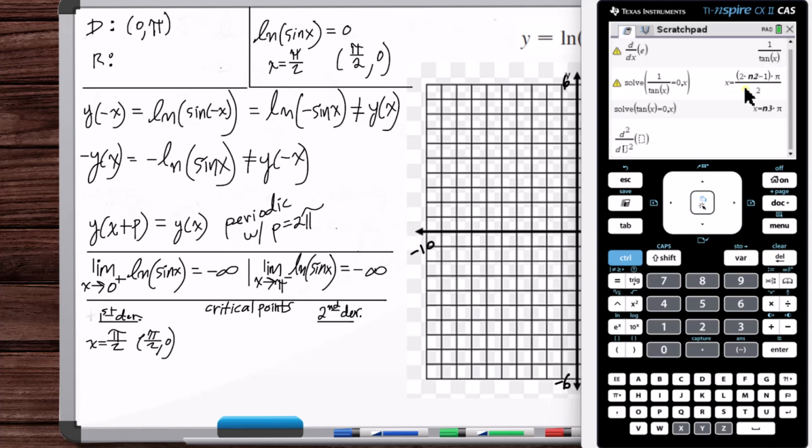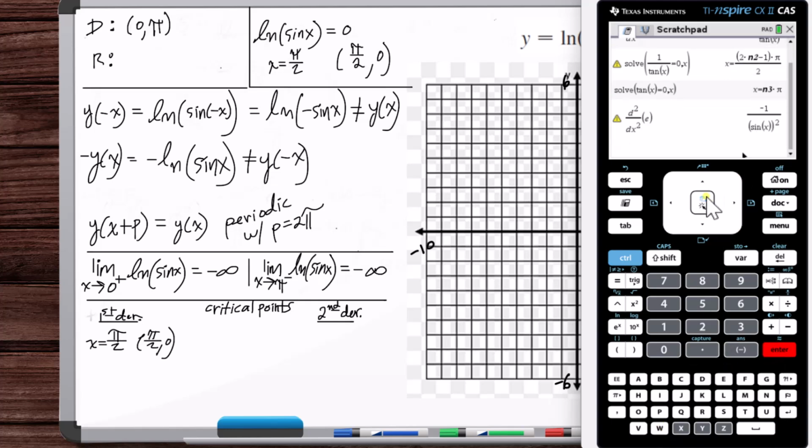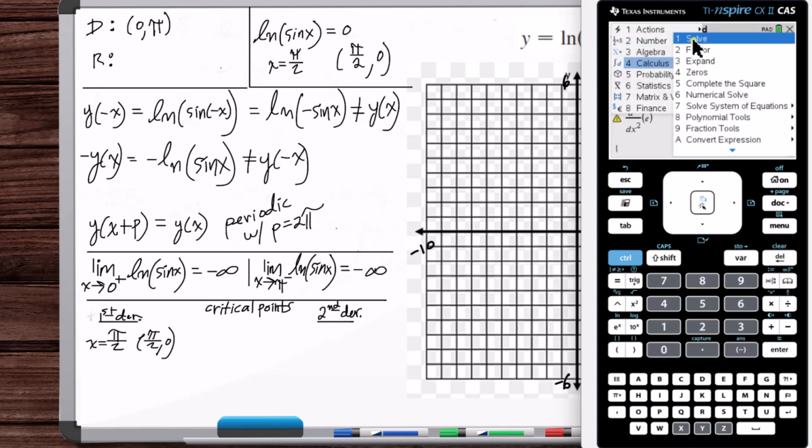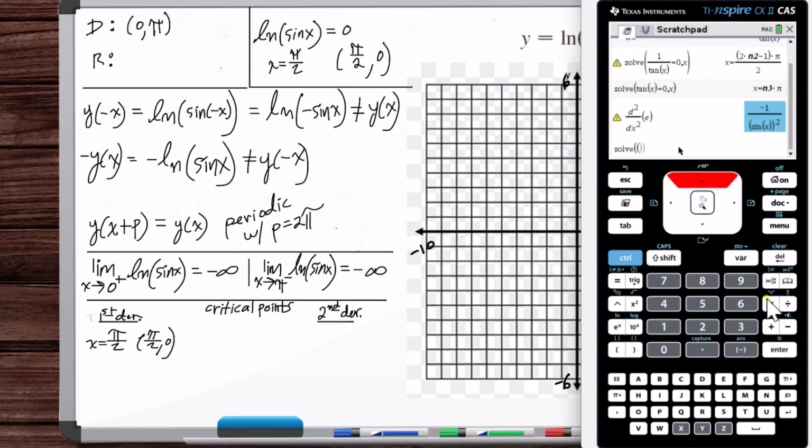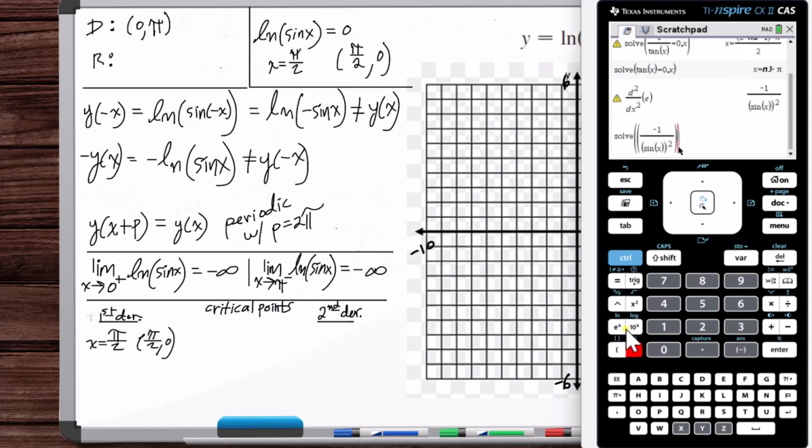All right, so d squared y over dx squared. Okay, is there anywhere where this equals 0?